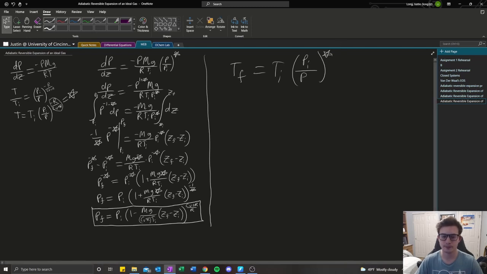Alright, so we see that the final pressure here, these are the same even though this one has a PF. We want to plug that in, but we notice that this will all be on the bottom here, and that this initial pressure will cancel out, and then this will also cancel with that up there, because we've got the negative here, it'll be positive, and it will all work out.